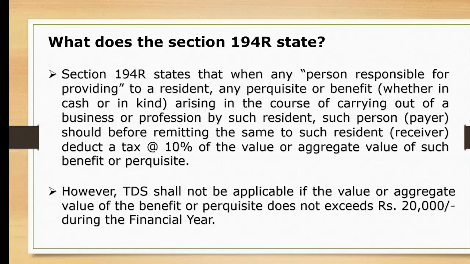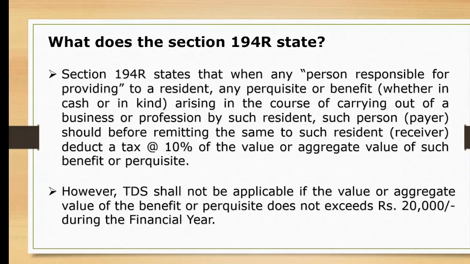So 194R is about deducting TDS at the rate of 10% on the value given by a person who is passing any benefit or perquisite to a person, and it would be taxable as profit under section 28(4) for the receiving person.